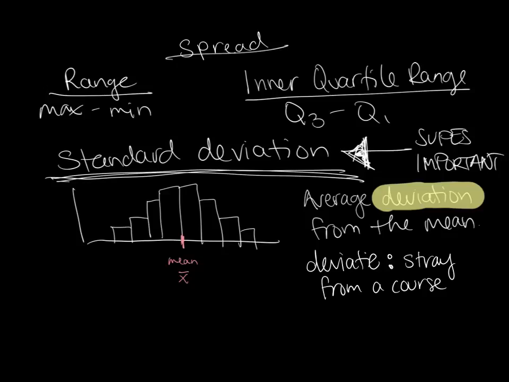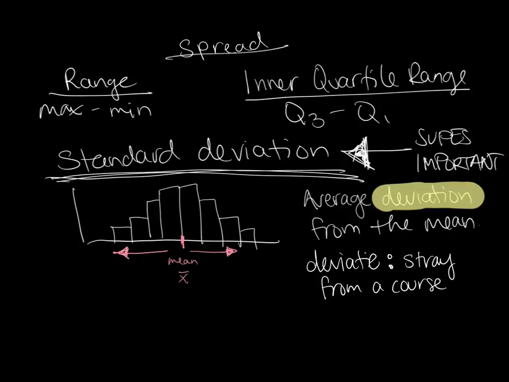Well, it's the same thing with this deviation. I'm going to change my course, meaning I want to know, on average, how far away each of my data points is from the mean. On average, how far do they stray from the mean, to the left or to the right.